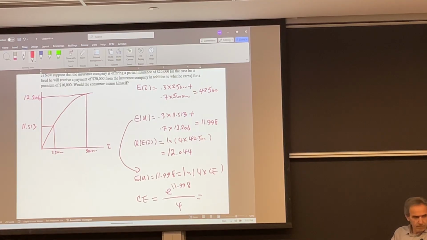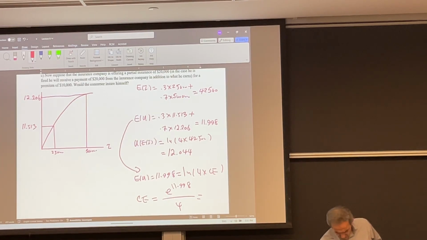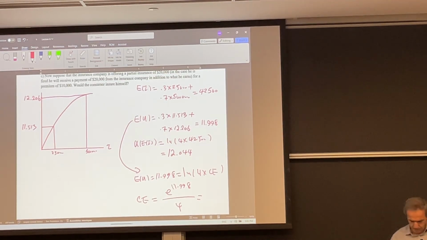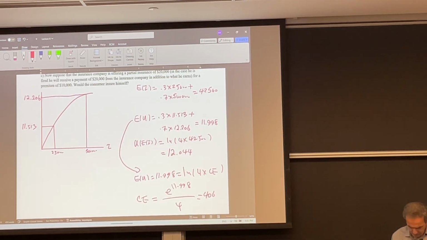How much do you get? What is the certainty equivalent? It's 40607. Like this? Yeah, 0.4.